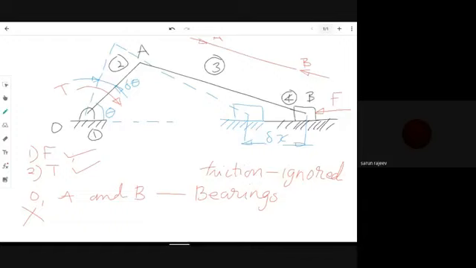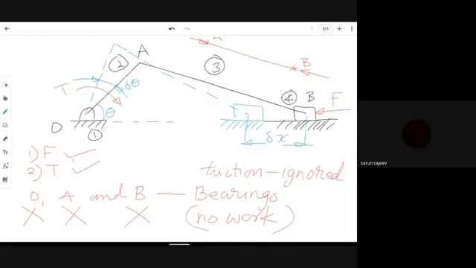We have learned it from the free body diagram method. That means the bearing reactions at points A and B should be equal and opposite because AB is a two force member. Hence, the bearing reactions at A and B also do not do any work. That means due to the bearing reactions or forces at the bearings at positions O, A and B, no work is done.